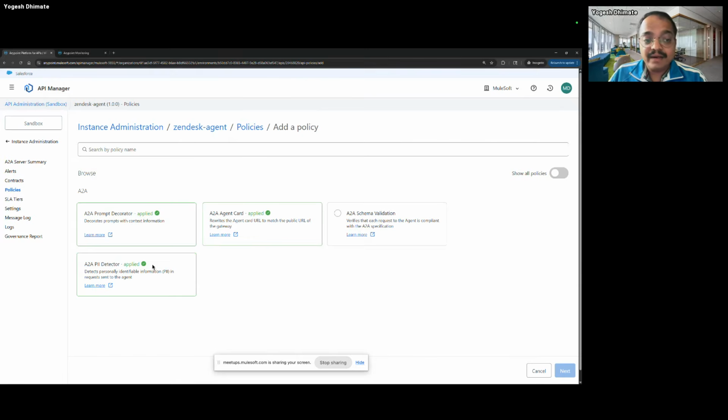There is a PII detector policy that detects PII in requests sent to the agent, and it can either log that information for compliance purposes or even refuse any interaction that includes PII data. As well as there is a schema validation policy. While it is not currently applied, you can of course apply that as well, and it verifies that the request to the agent is compliant with the A2A specification.